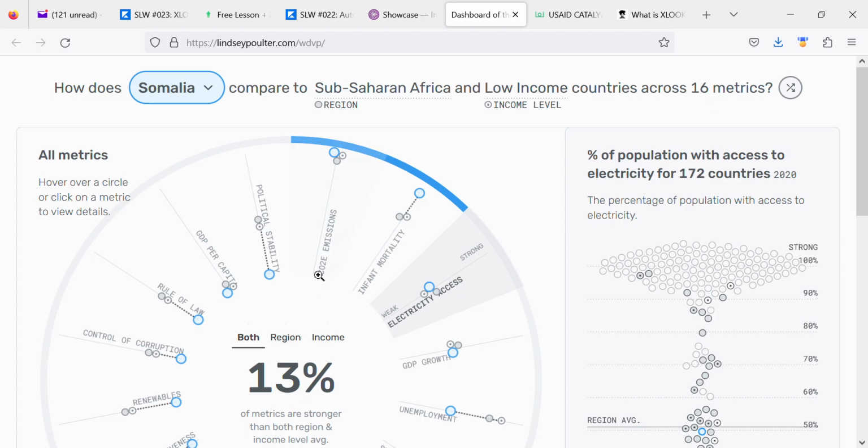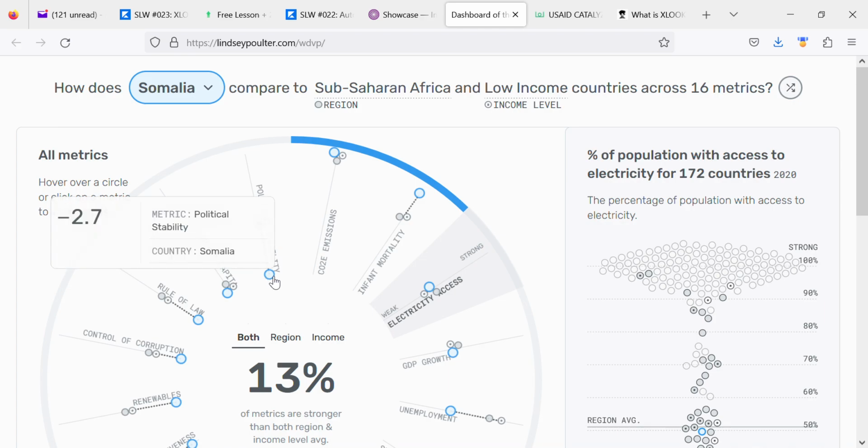Somalia is strong in 13% compared to sub-Saharan Africa and low-income countries, and Somalia is strong in the area of carbon dioxide emissions, which is 0, and infant mortality is 4.9. Those are the strong areas for Somalia.